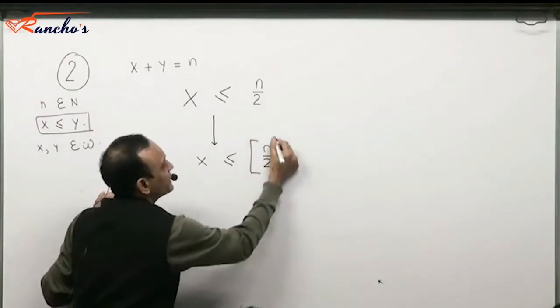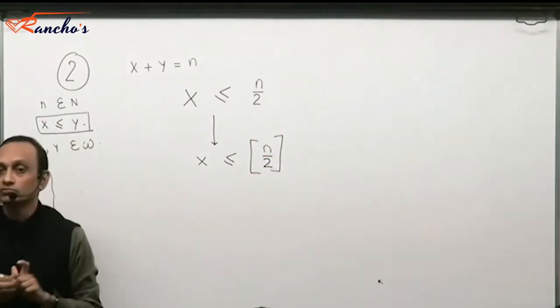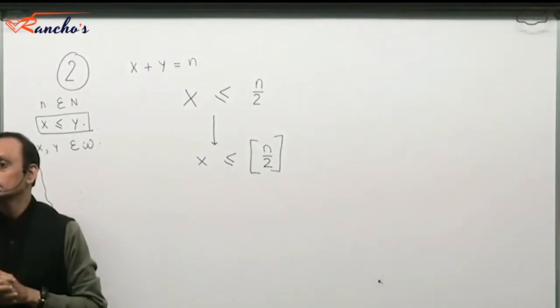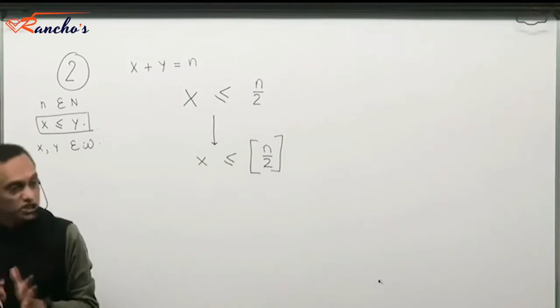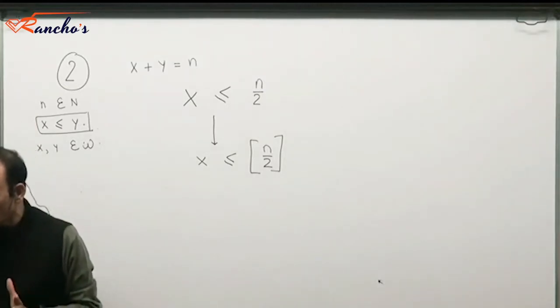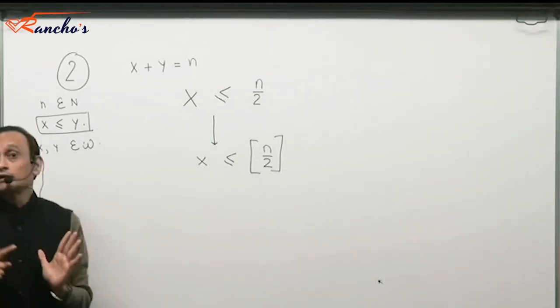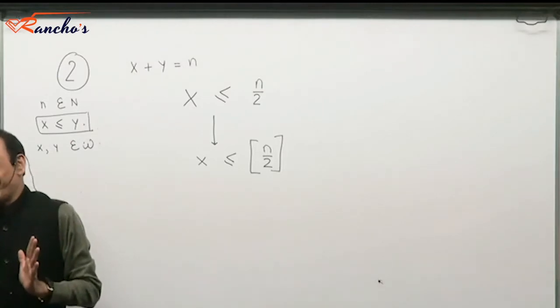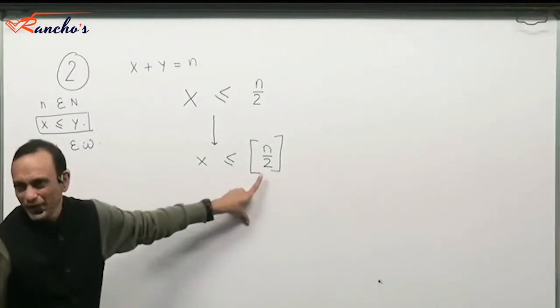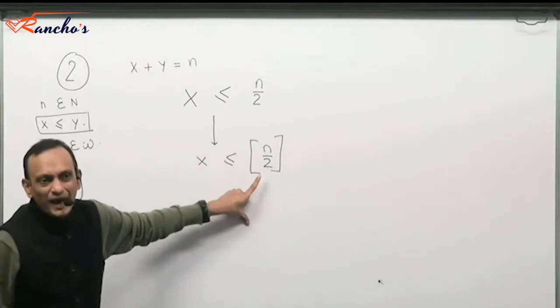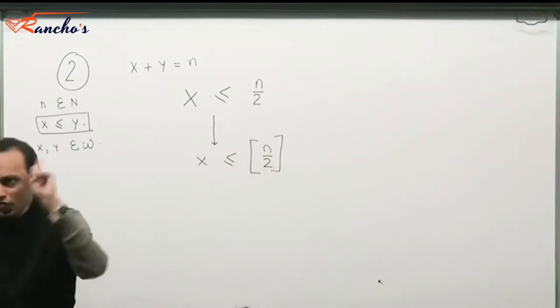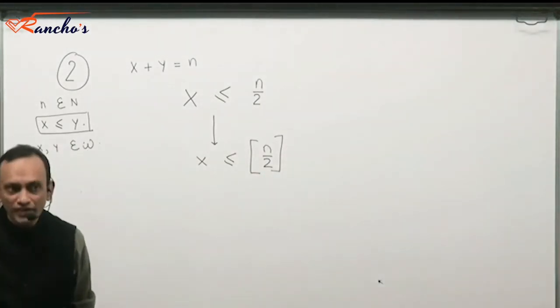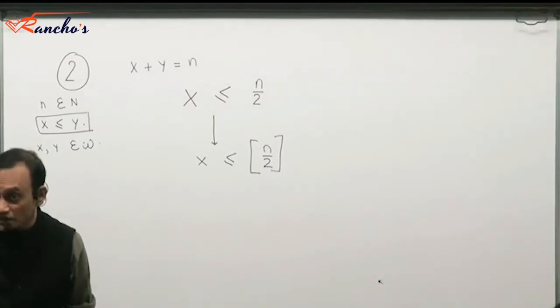You know what I'm saying? That means the largest value of x is the integer part of n by 2, box of n by 2, right? That's the largest value of x.